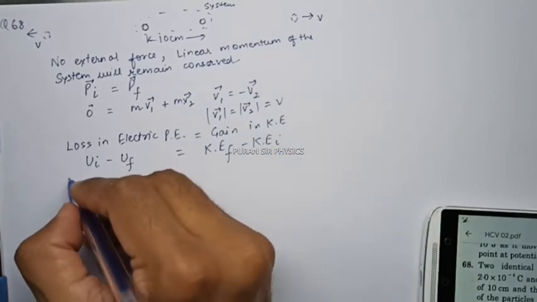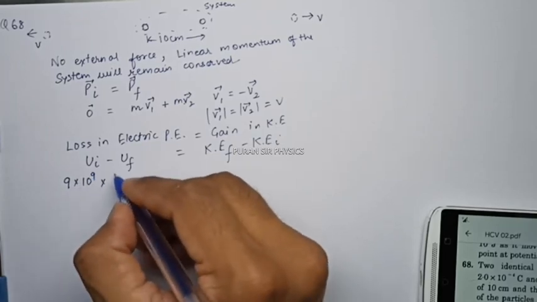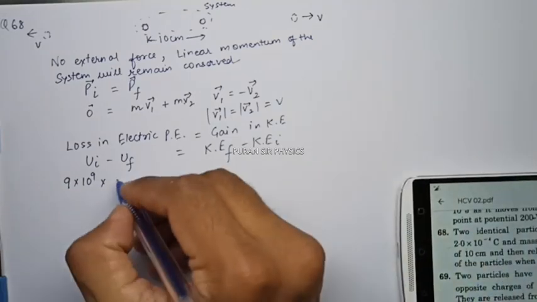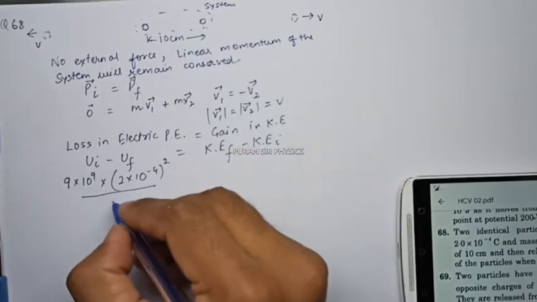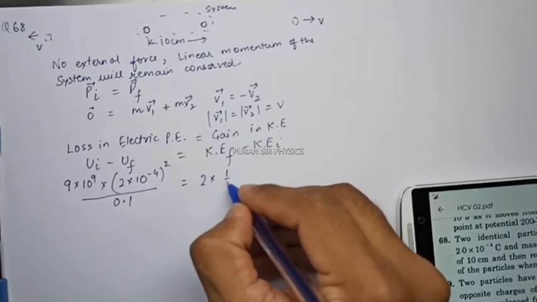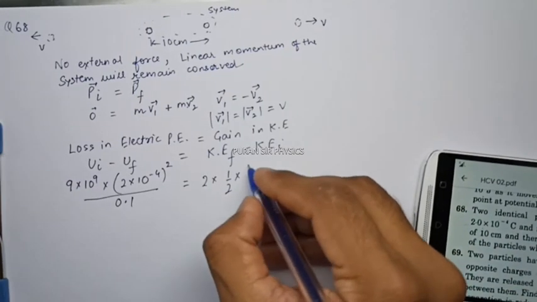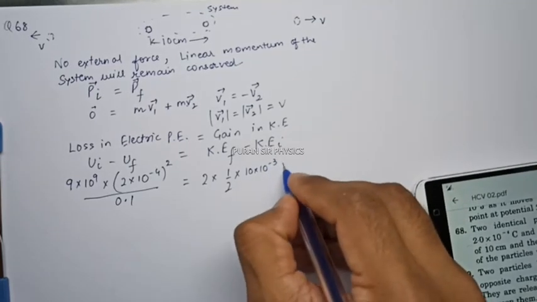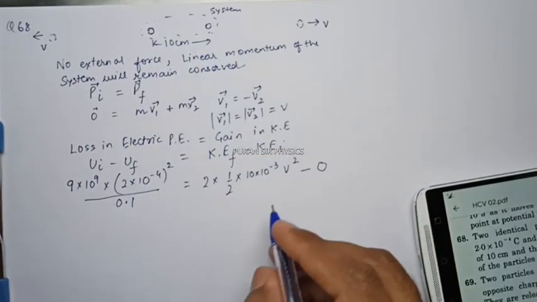So U initial will be 9 into 10 raised to the power 9 times Q1 Q2, and both have the same charge, 2 into 10 raised to the power minus 4, divided by the distance between them, that is 0.1. The final kinetic energy will be 2 times the kinetic energy of one of the particles, and the mass is also given, 10 grams. So it will be half m v square with m equal to 10 into 10 raised to the power minus 3, and your initial kinetic energy is 0 because the charged particles were released from rest.